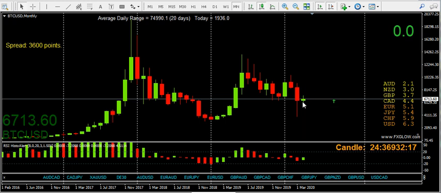So the current month, we've got wicks at both ends, so obviously something has happened at both those levels. So we can stick a high and a low on that, because in order to go up, it's got to break through that level. In order to go down, it's got to break through that level.